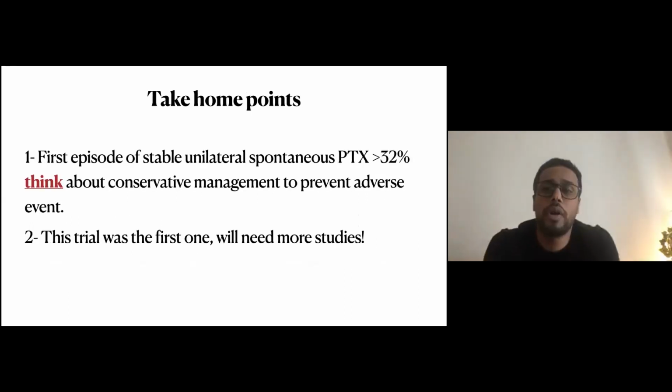Our take-home points from this article: I think we should think about it, but we need more studies to say conservative is a good alternative to the invasive approach in moderate to large pneumothorax.